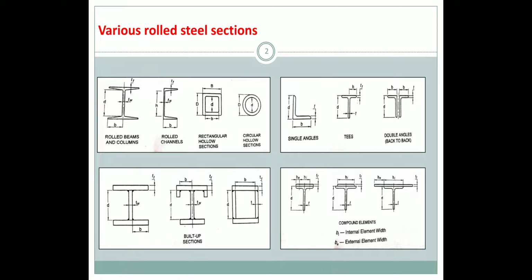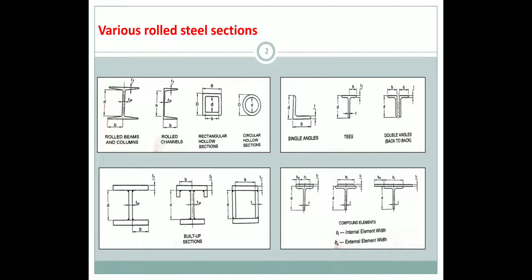In the third figure, an I section is given, but that I section is called a built up section. Two flanges are connected with the web, which is joined by welding.